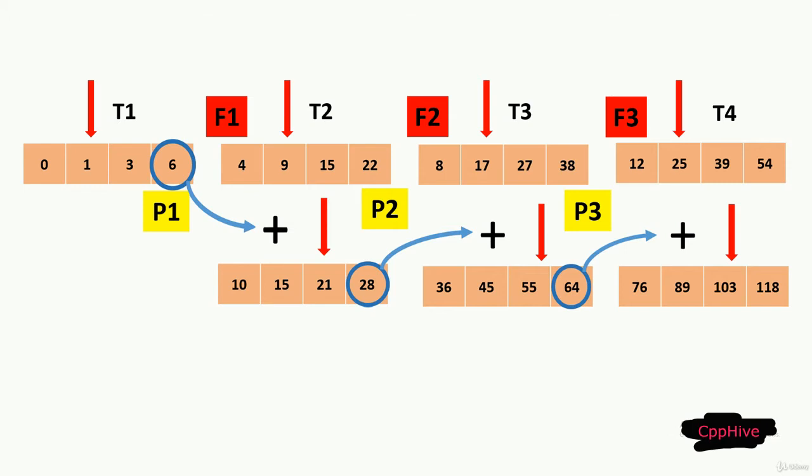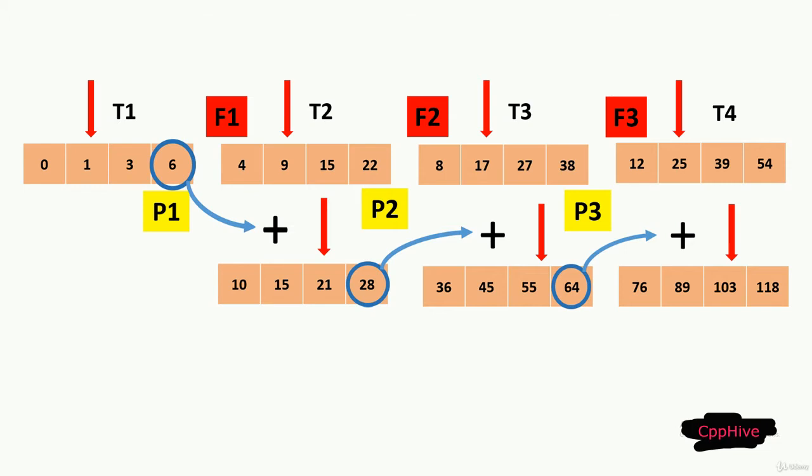Let me demonstrate this aspect as well. As you can see here, thread 2 is waiting until the F1 future gets ready. This will be ready when thread 1 sets the promise half after it finishes the calculation of the final element. So when thread 1 sets the value of the last element of the block to P1, then thread 2 can get that value using the future half and add it to all the elements in the second block.